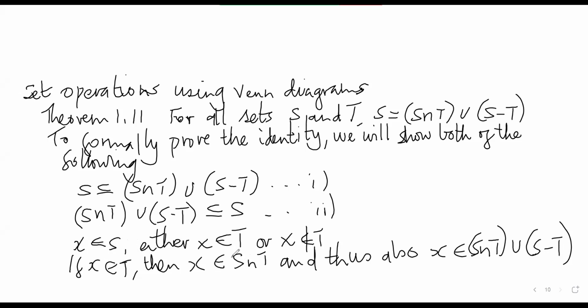X is a member of T gives us X is a member of S intersection T. The other scenario is if X is not a member of T, then it follows that X is a member of S minus T, because we had already indicated that X is a member of S. If X is a member of S and it is not a member of T, then X must be a member of S minus T. And thus also you find that X is a member of S intersection T union S minus T.